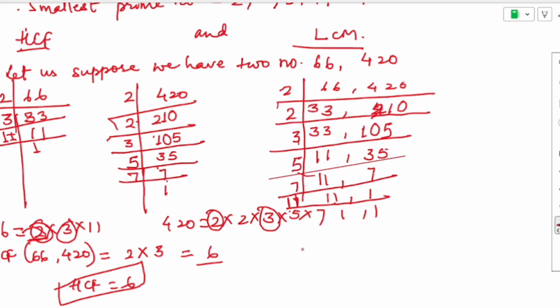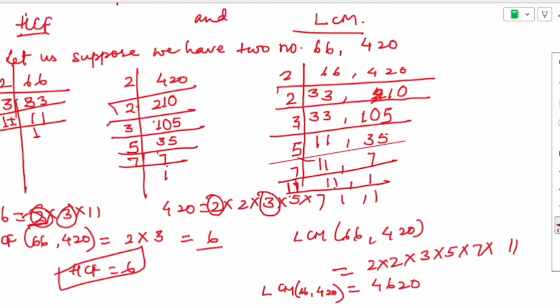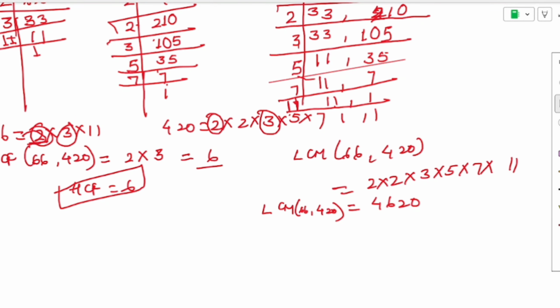So the LCM of 66 and 420 is equal to 2 into 2 into 3 into 5 into 7 into 11, and by multiplying all these numbers we get 4620. So we get the LCM of 66 and 420 equal to 4620.